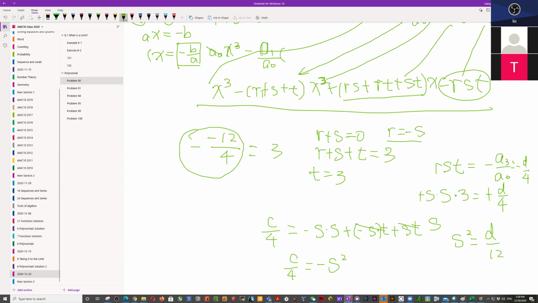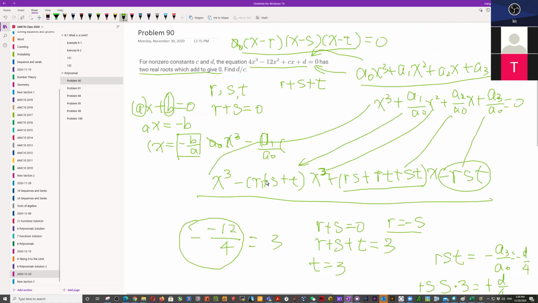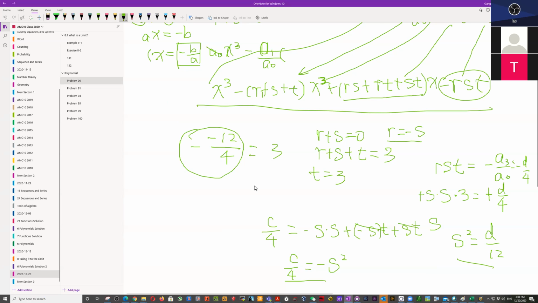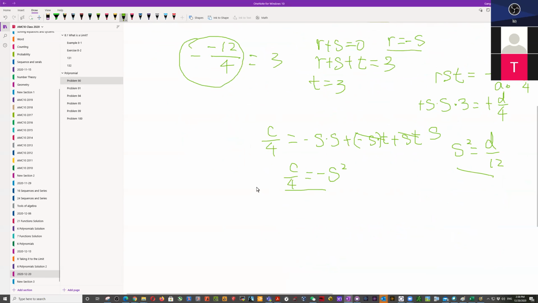So basically, I have this and this. It's asking me to find D over C. Right now we actually begin to find the clue, because if we divide them, the S squared will cancel out. I don't really have to calculate the root. All I need is to divide them and they will cancel.